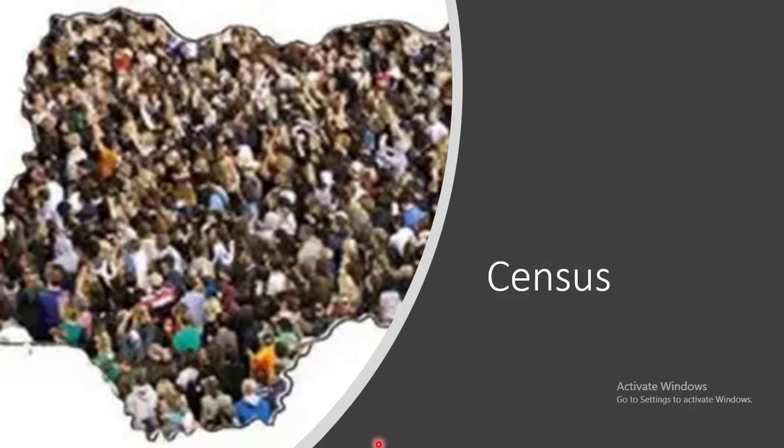So you need to know how many are men, how many are women, how many are boys, how many are girls. Then we need to know their age range, because the census will help you capture all this. And we need to find out how many are in the urban area and how many are in the rural area. Census takes care of this, and it helps a lot when you are planning education.